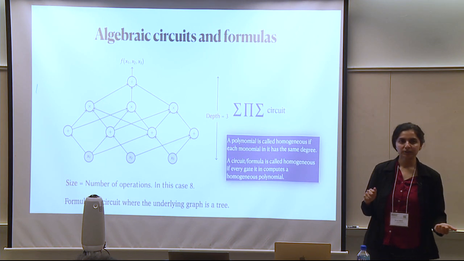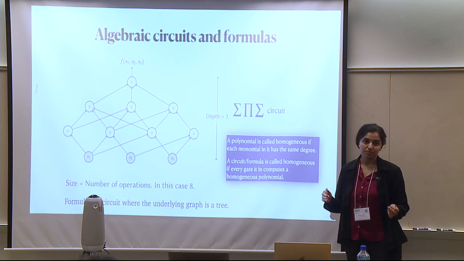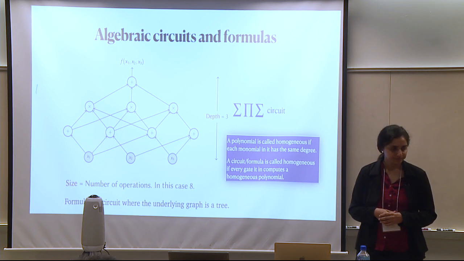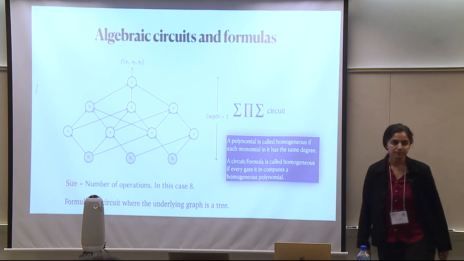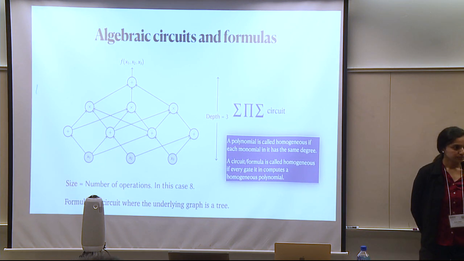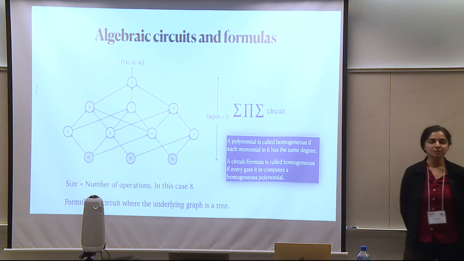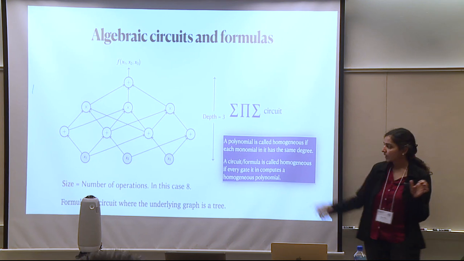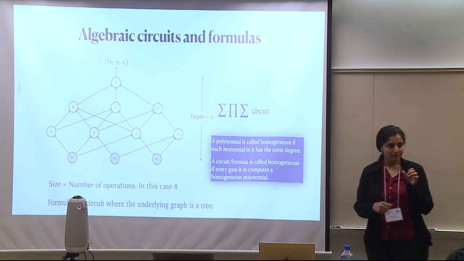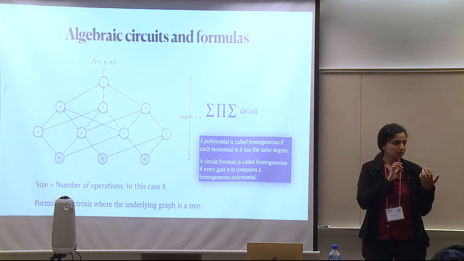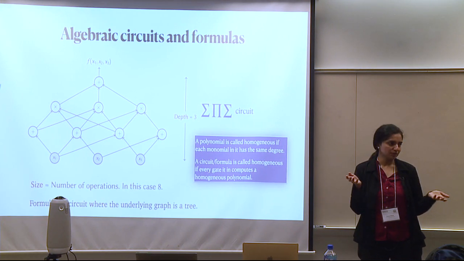And what's a homogeneous polynomial? A homogeneous polynomial is a polynomial where every monomial has the same degree. Like the summation of xi is a homogeneous polynomial.